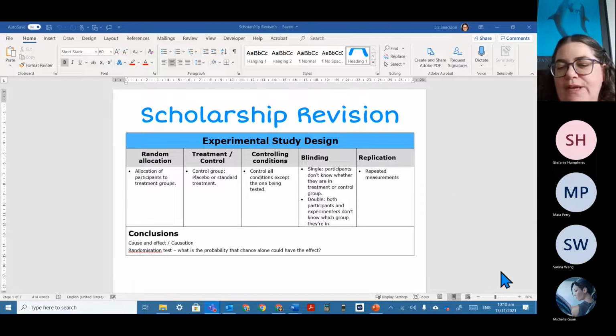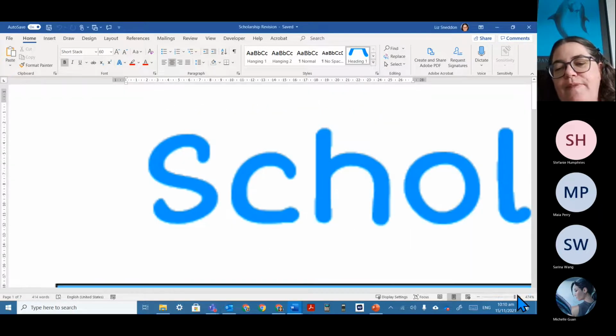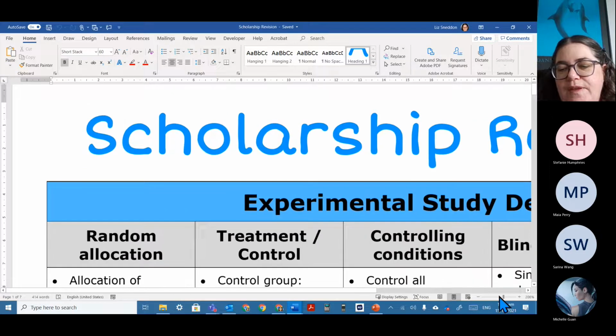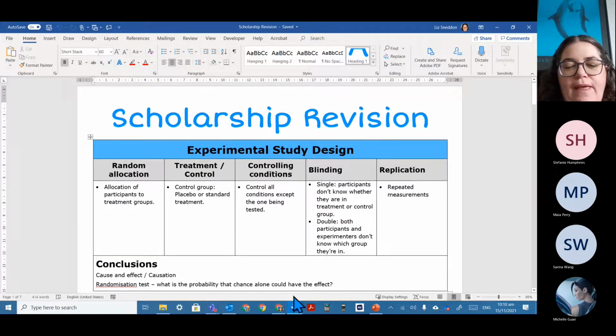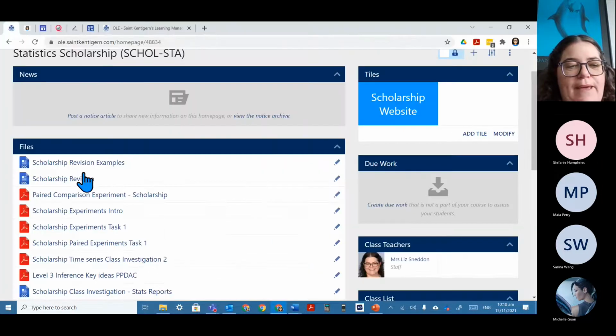So this document that I've got here is on our OLE page. There are two documents that I've put up. One's called Scholarship Revision and one's called Revision Examples.